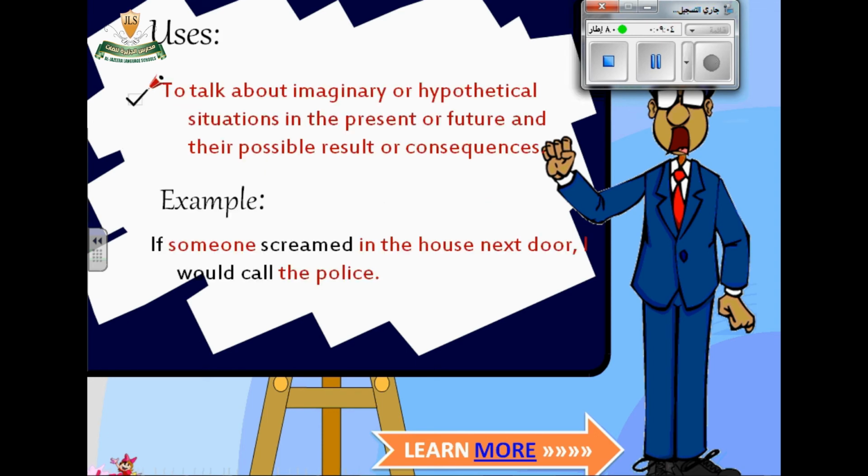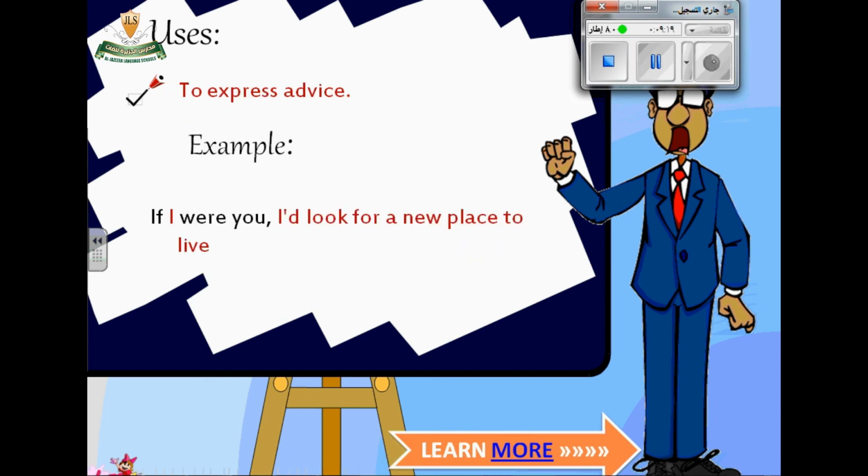As I said, it's used to talk about imaginary or hypothetical situations in the present or future and their possible result or consequences. For example, if someone screamed in the house next door, I would call the police. The second use is to express advice.